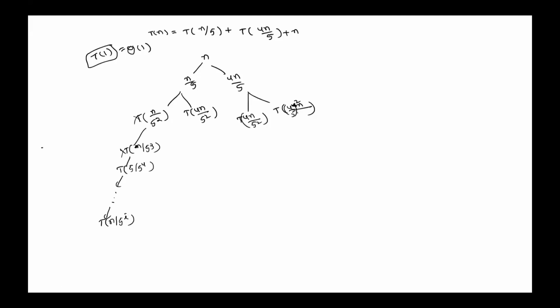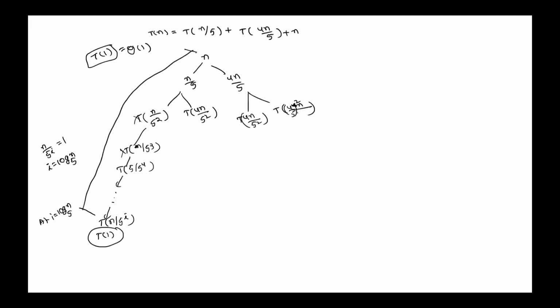Okay. So if n by 5 power i equals 1, that means i is log n base 5, no? At i equal to log n base 5, what is this value? It becomes T of 1, or not? That means we stop. From here to here, how many levels are there?